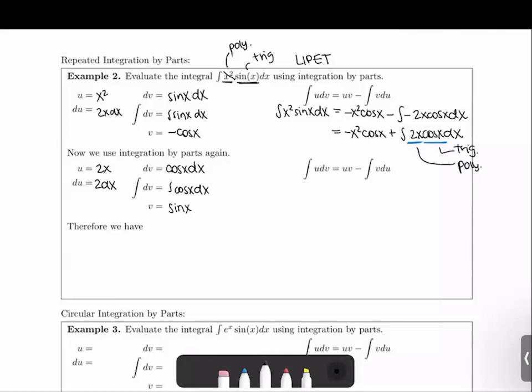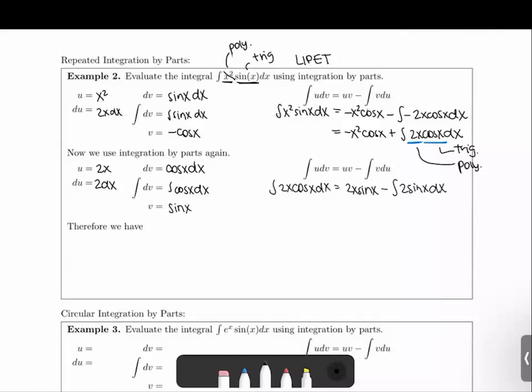Then we just put that into our formula. Our integral of u dv that we started with was the integral of 2x cosine of x dx. Now our u times v is 2x sine of x, and our integral of v du is going to be 2 sine of x dx.